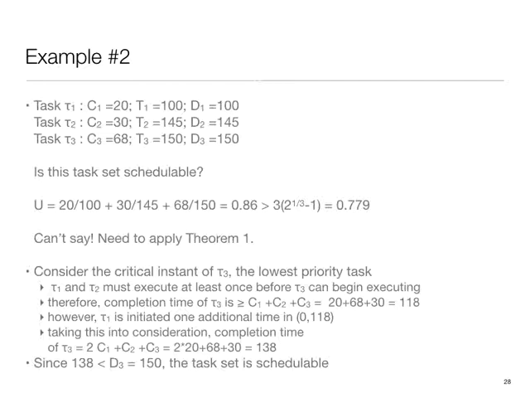Now, to apply the critical instant theorem, we can do the following. Firstly, we can see that task 1 and 2 together are schedulable, because if you check the summation of their utilizations, it is less than the threshold for n equals 2.